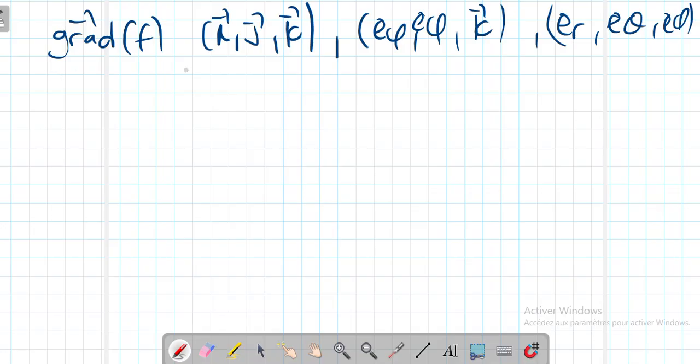So you find the gradient to be different depending on the coordinate system that you are using.